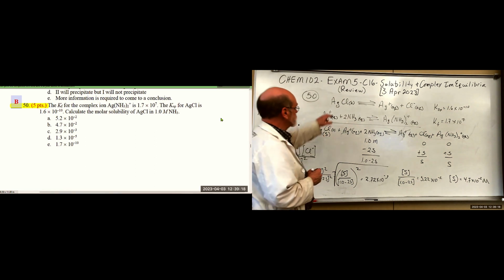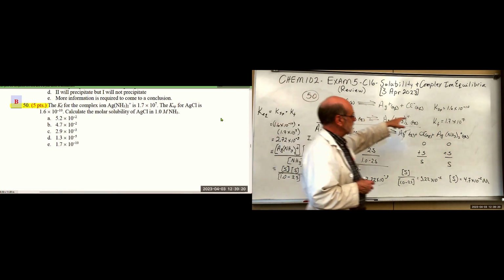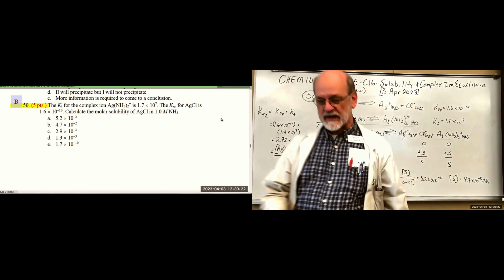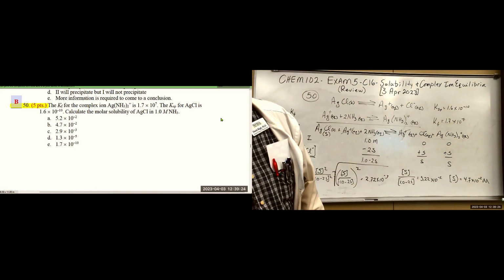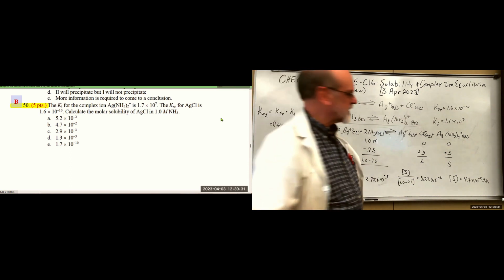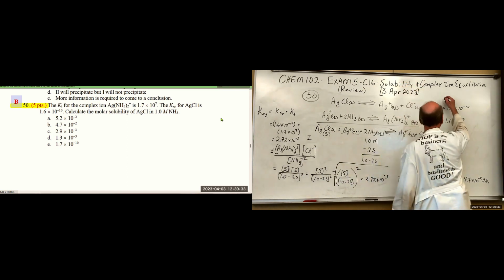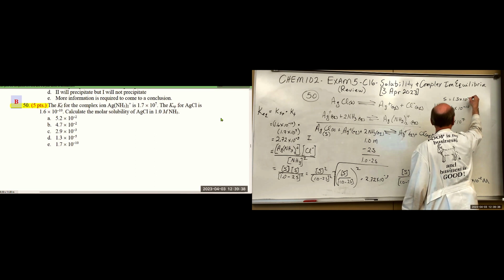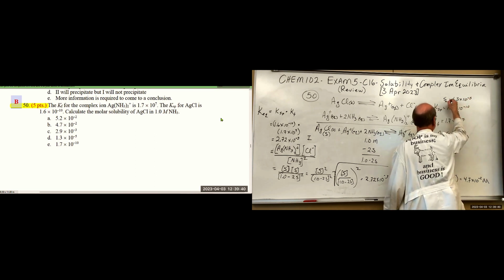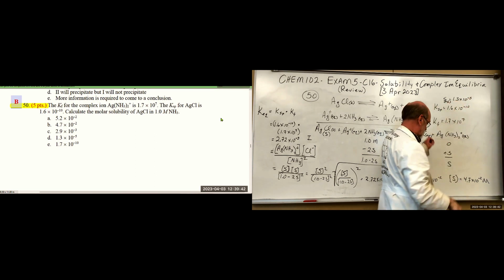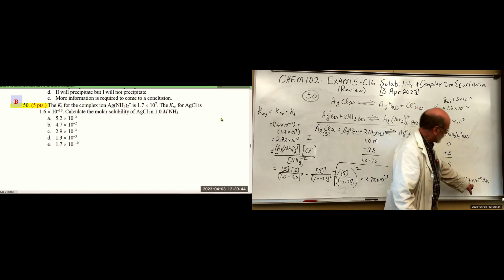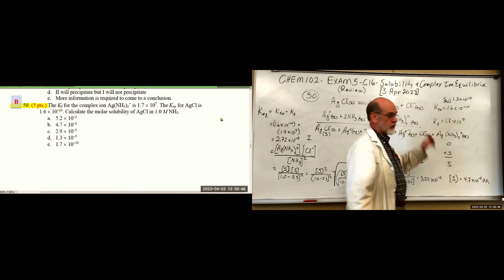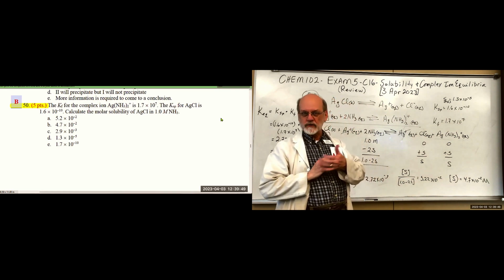The solubility of silver chloride in water would just be the square root of 1.6 times 10 to the minus 10, which is 1.3 times 10 to the minus 5. So that's in purely aqueous solution. So you've increased your solubility by 3 orders of magnitude, or 2.5 orders.